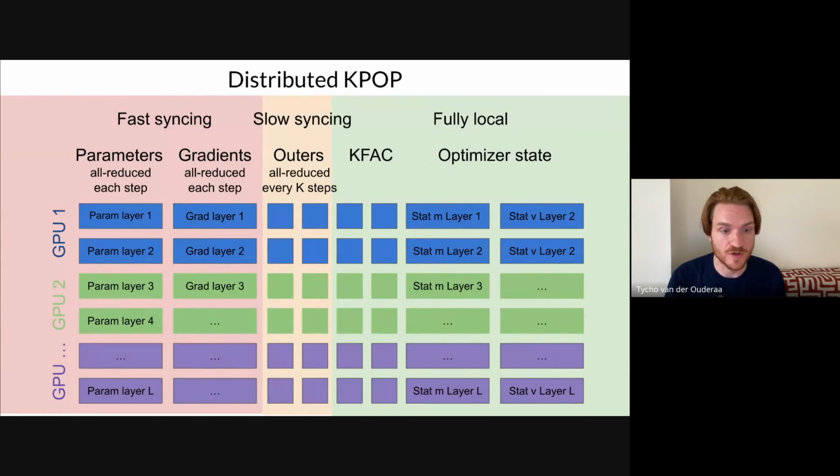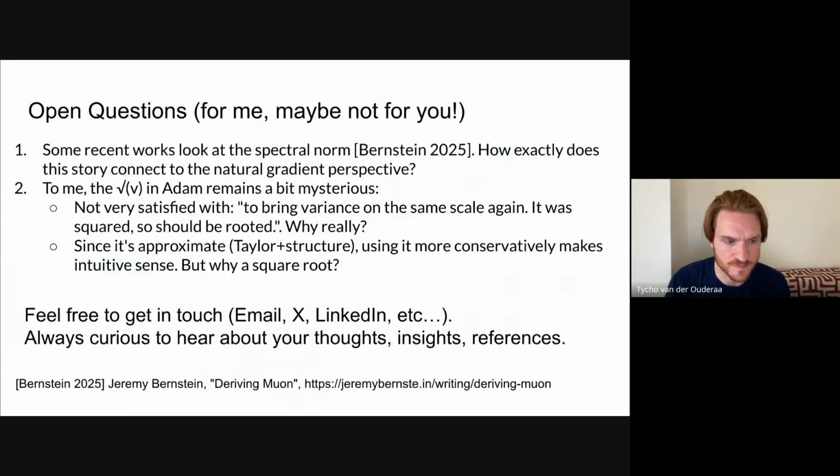More importantly, a lot of things stay sharded. So the preconditioners are actually sharded. GPU1 only computes the preconditioners for one over the number of GPUs of the model, and maintains an optimizer state over that. That's how a lot of savings can be achieved.